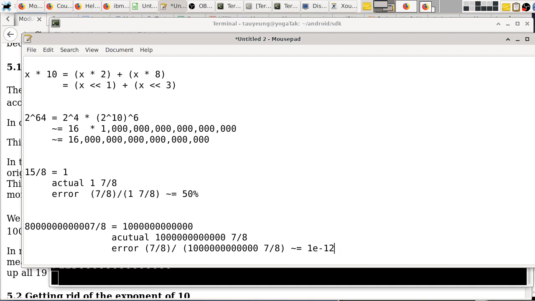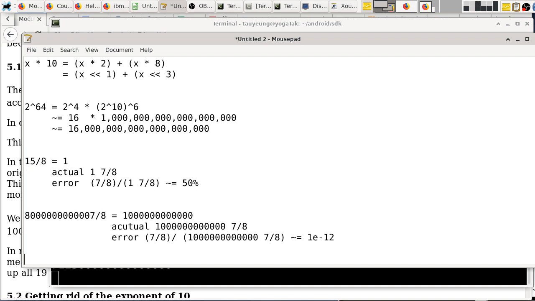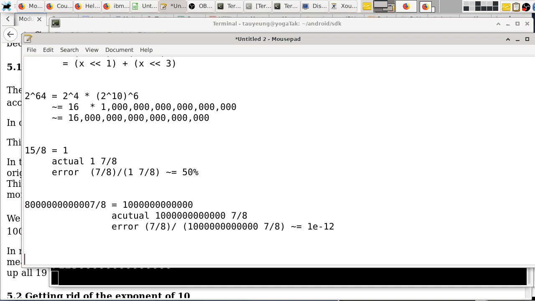Okay. But then there's one more problem. When you look at the integer division here, the error is always going in one direction. In other words, is the result of the integer division, which is this, always less than or always greater than the actual answer? It's always less than, okay? But that becomes a problem.